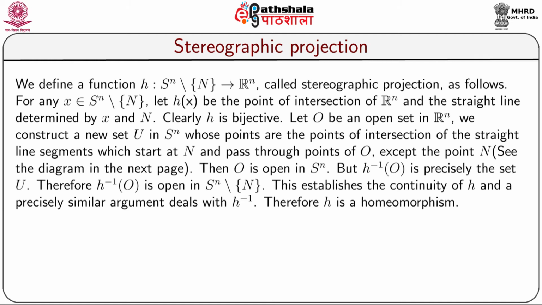Then U is open in Sn, but H inverse of O is precisely the set U. Therefore, H inverse of O is open in Sn minus N. This establishes the continuity of H, and a precisely similar argument deals with H inverse. That means by a similar argument we can show that H is also an open mapping. Therefore, H is a homeomorphism.